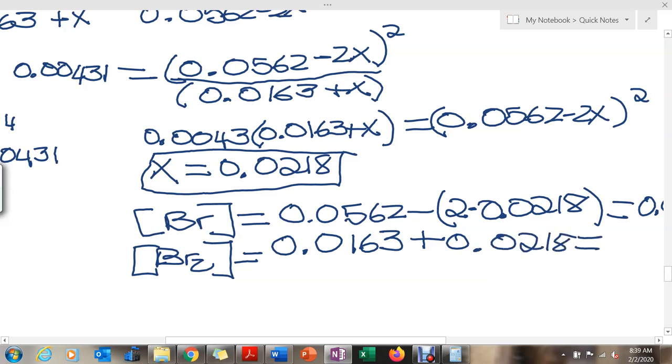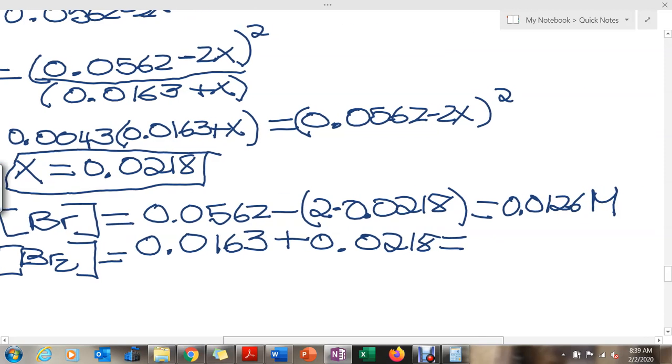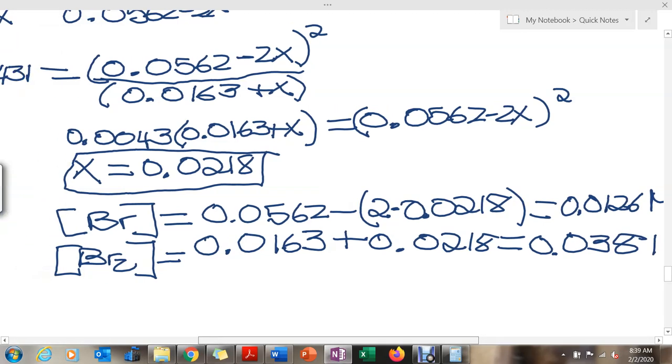So that gives you a concentration in equilibrium for Br2 of 0.0381 molar. So what do we do here?